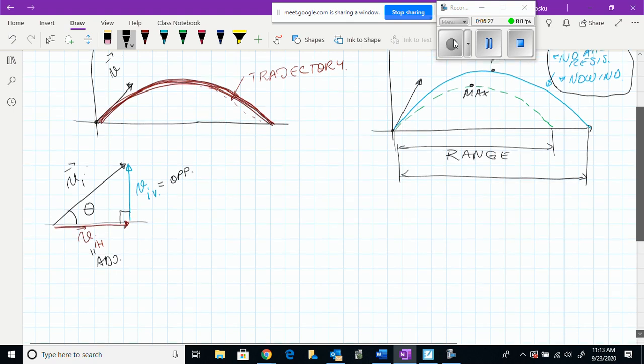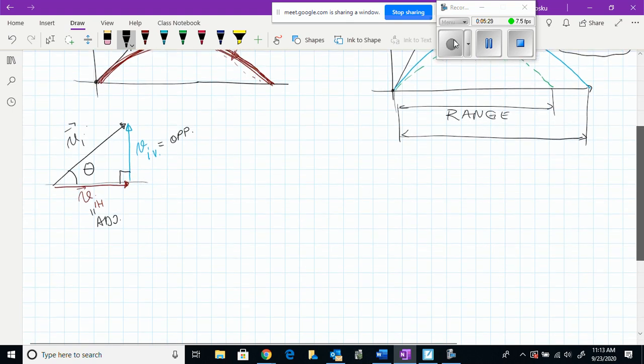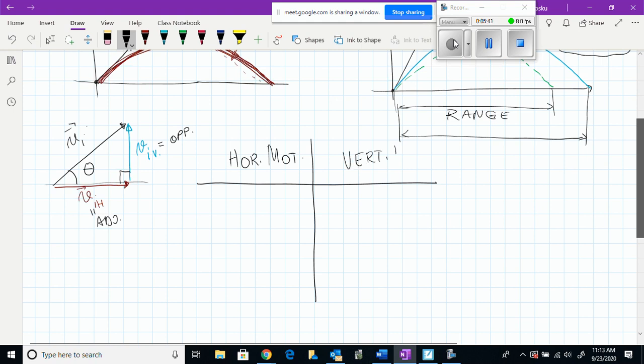So, we have two motions, a horizontal motion and a vertical motion. On the horizontal, we have a uniform motion, and on the vertical, we have a non-uniform motion.